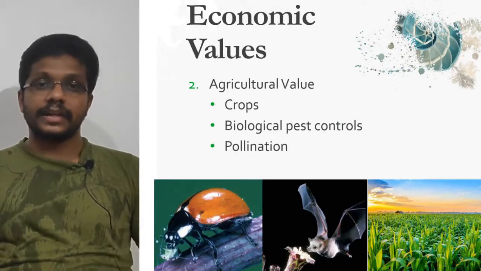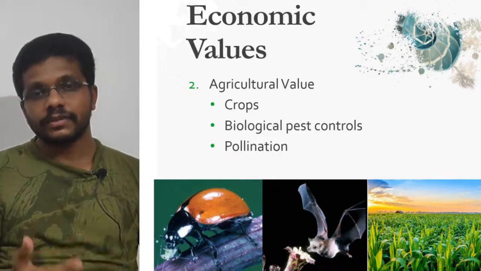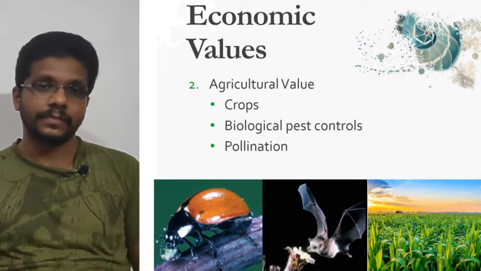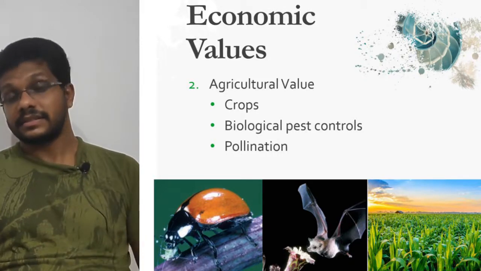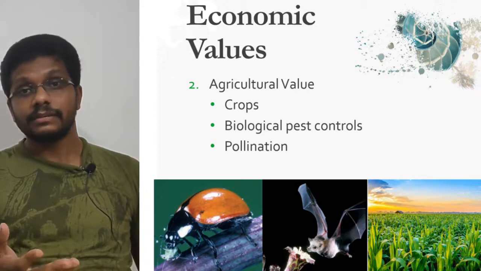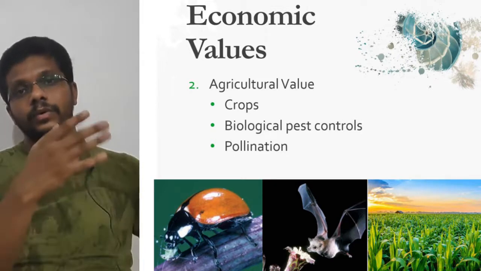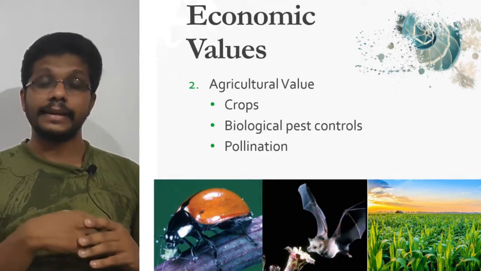Then the second value is the agricultural value. All of our crops like wheat, corn and rice were originally wild plants. We domesticated the plants and increased productivity. And sometimes we need the wild companions of these plants, just like in the Green Revolution. In the Green Revolution, we needed plants which are short so that they won't fall over when we use excess fertilizers and irrigation.